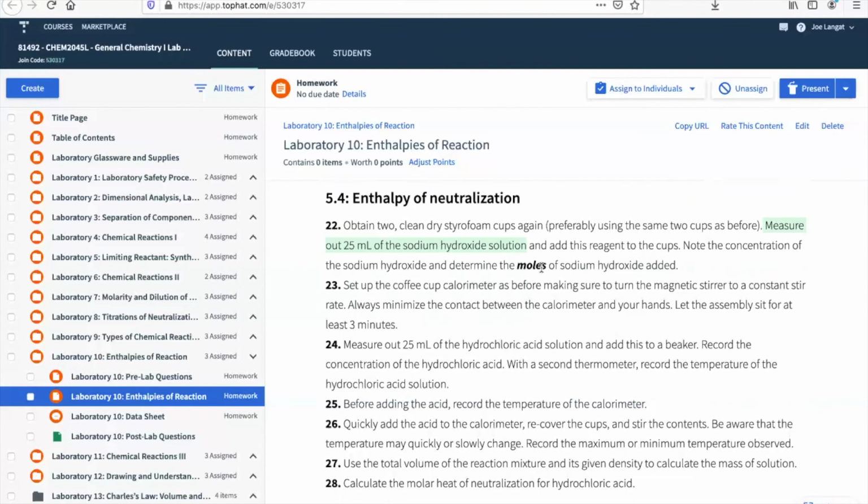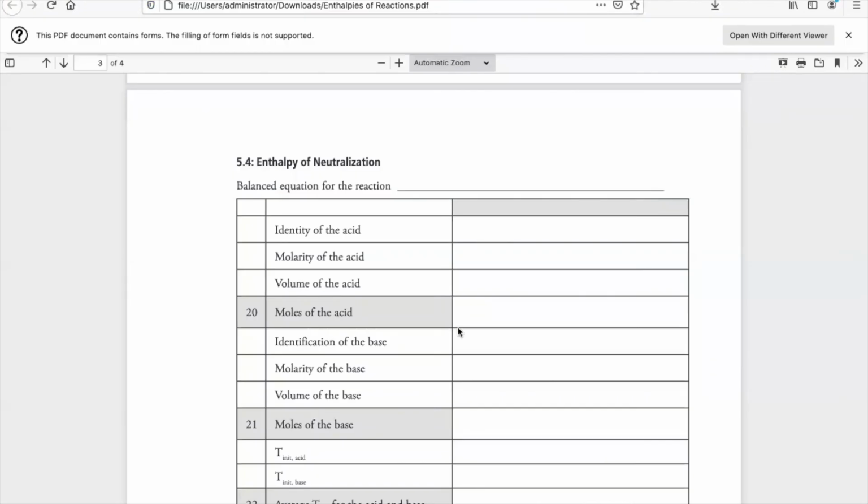Once I give you the molarity, you will be able to find the number of moles. What I want you to pay attention to is the amount of each reagent. So the first, 25 ml of sodium hydroxide. And then look at step number 24, measure out hydrochloric acid. So you've got to come back here and take note of that as well. With that, it will be much easier for us to move forward.